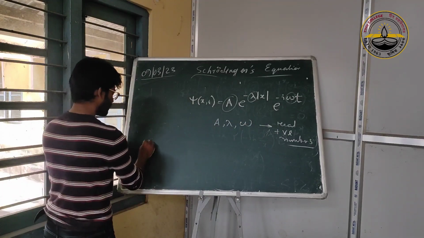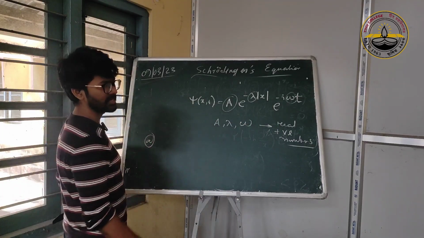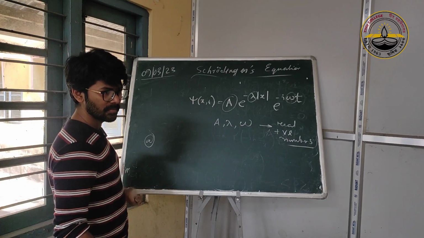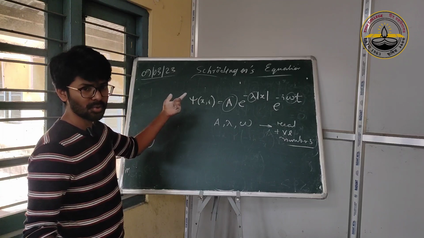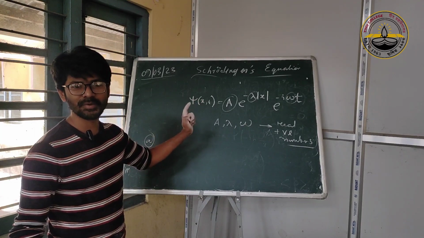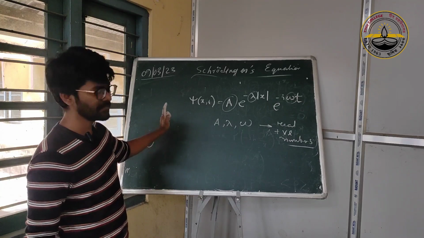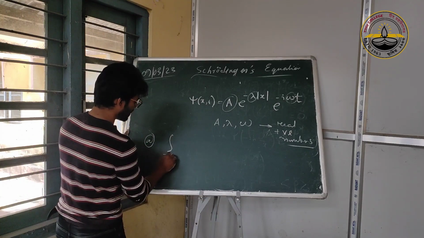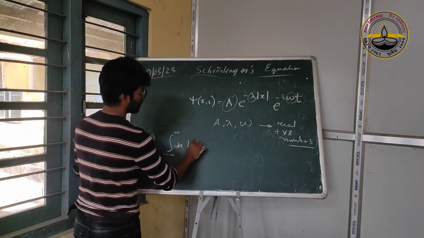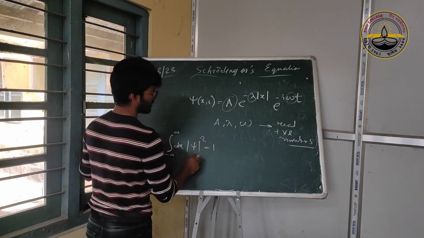First question, normalize this. Normalizing means using the condition that total probability is 1. That is the first thing you should always do after solving Schrodinger's equation. So the integral from minus infinity to plus infinity dx mod chi square equals 1.